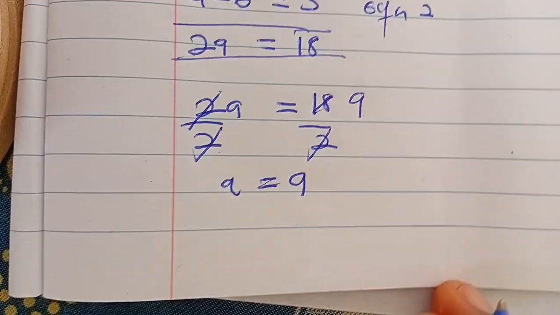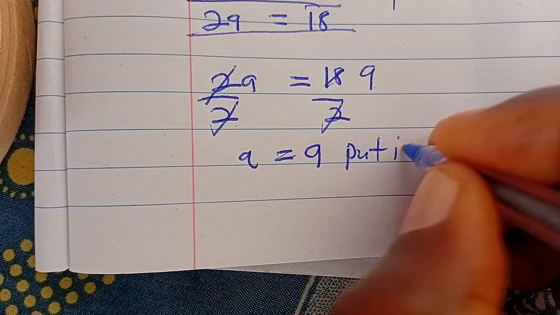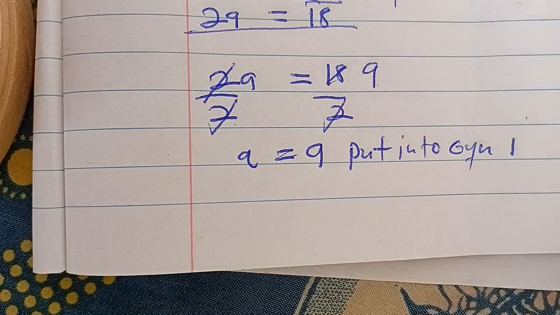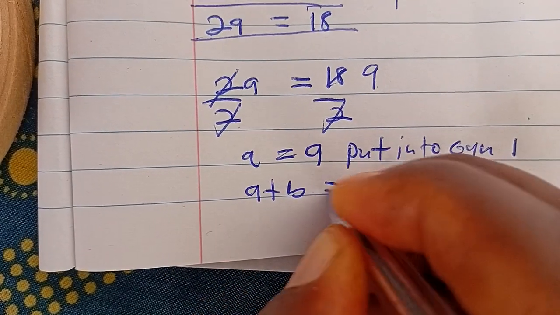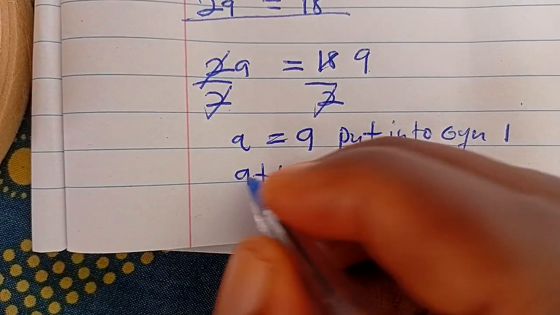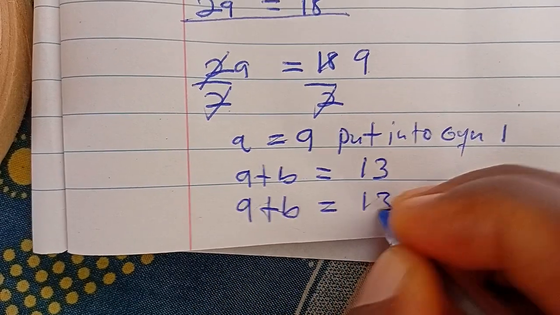So let's put it into equation 1. From equation 1, we know that a plus b should give us 13. Now we know the value of a as 9, so you're going to have 9 plus b is equal to 13.